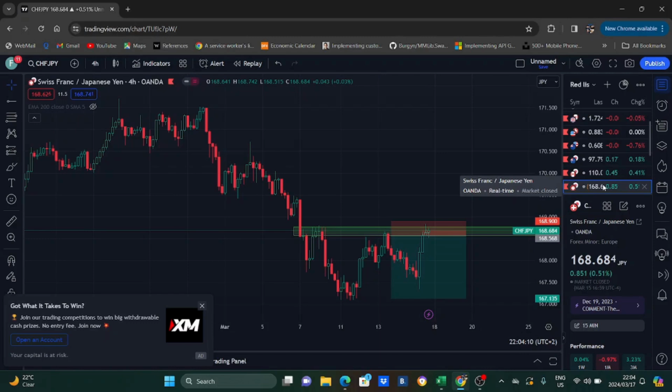CHFJPY, this one is still running. It's probably in a few losses. If it hits my stop loss, that's fine, but it might be a grab of liquidity. This kind of trade needs a bigger stop loss, especially JPY currencies. But based on my rules, I like playing around 30 pips, 40 pips.